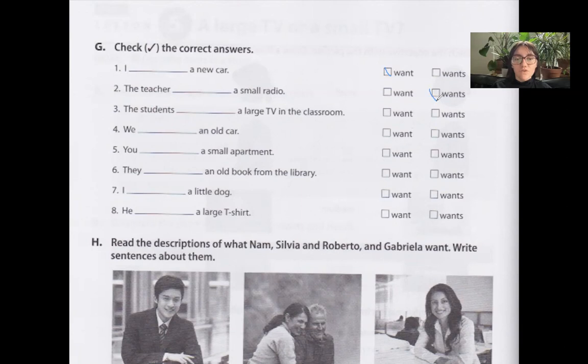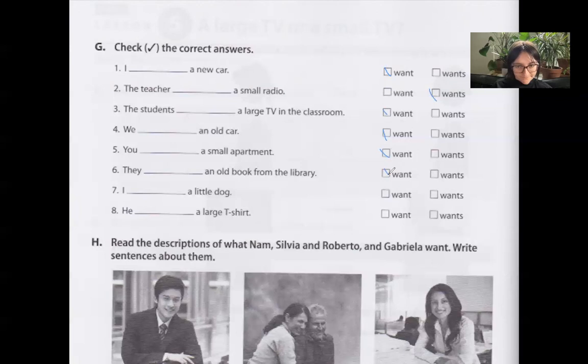Then we have the students. The students, plural, they want a large TV in the classroom. We, right? We want an old car. You want a small apartment. They want an old book from the library, right?